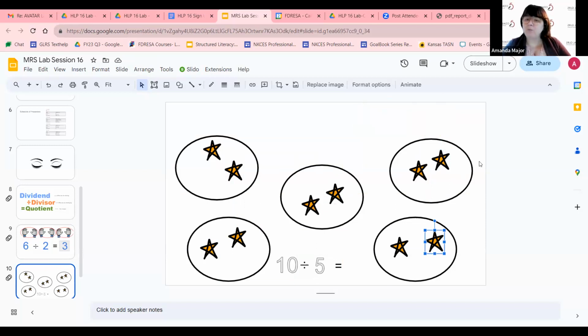I'll just look at one group and count 1, 2. So what is my quotient, Will? 2. 2. Perfect. Stop simulation.